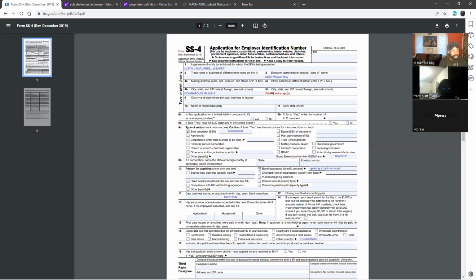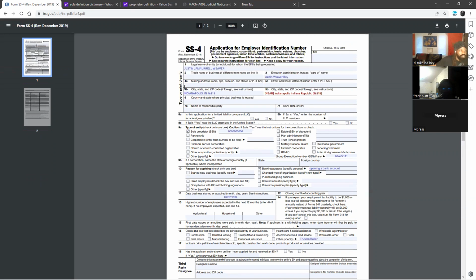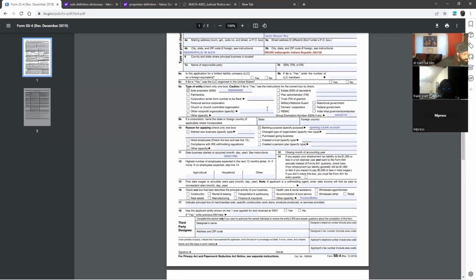Near Indianapolis, Indiana Republic. Zip code and box. All right. This is for a sole proprietor. You have to put your social security number in there because your soul is taking ownership of the body right now. That's what we're doing.